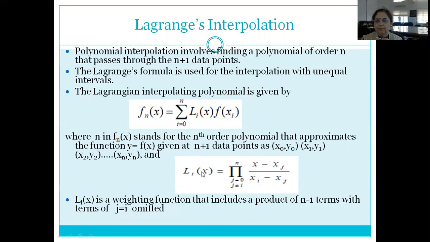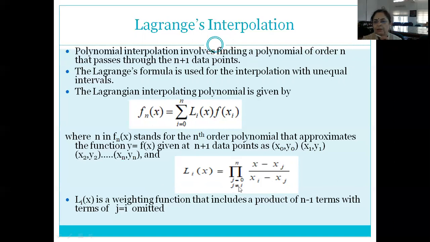For finding Lagrange's weights, Li of x, which is called a weighing function, it is calculated as the product of x minus xj divided by xi minus xj for all data points except the data point for which we are calculating the weighing function.